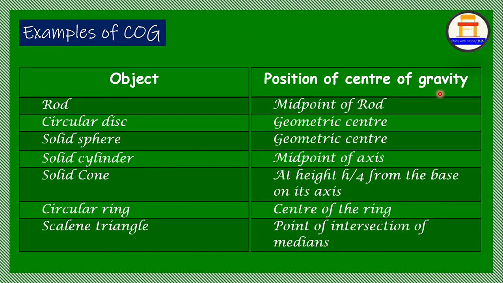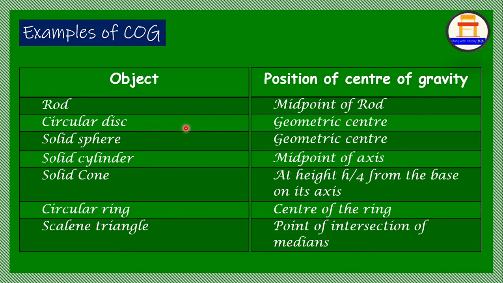Let's see the position of center of gravity now. The position of center of gravity for a rod is the midpoint of that rod, exactly the geometric center. When you measure the rod, exactly half of it is the position where the center of gravity is said to be acting.